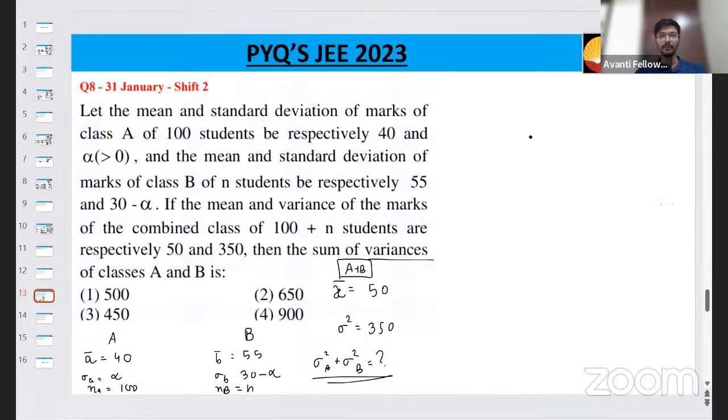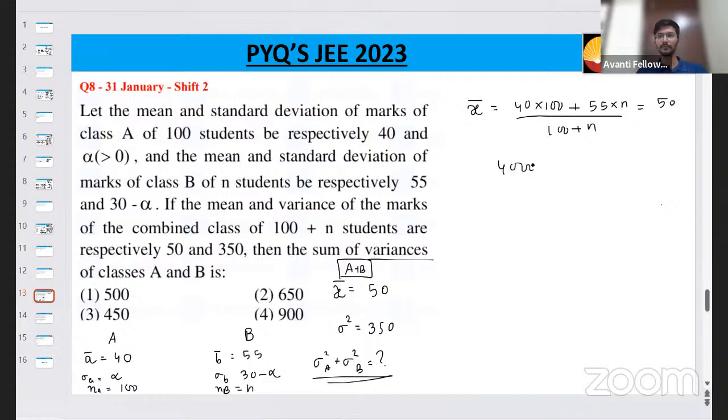The combined mean is given by 40 into 100 plus 55 into n upon 100 plus n, which is given as 50. So we'll get n from this.